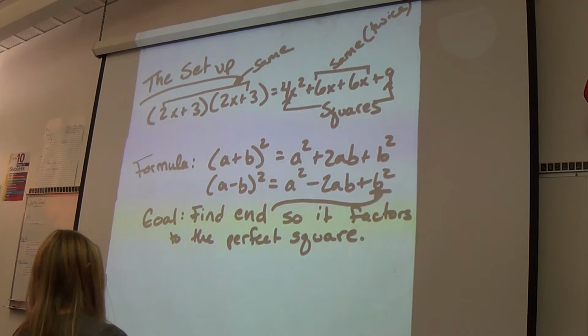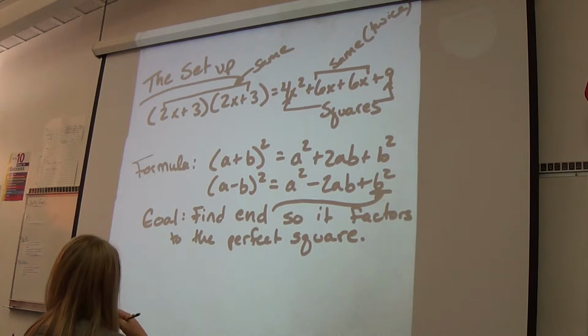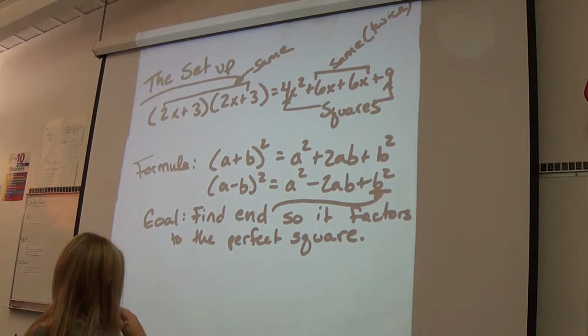When you're doing the setup, it's always the same 3 steps. So what I'm going to do is we'll list out the steps, and then we'll go and do a couple of problems associated with it.